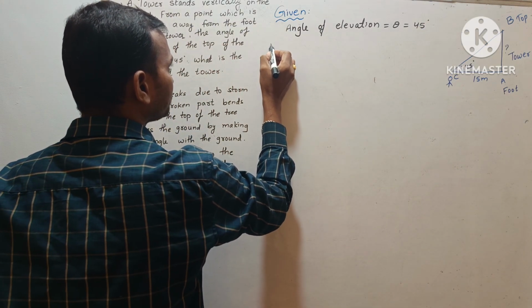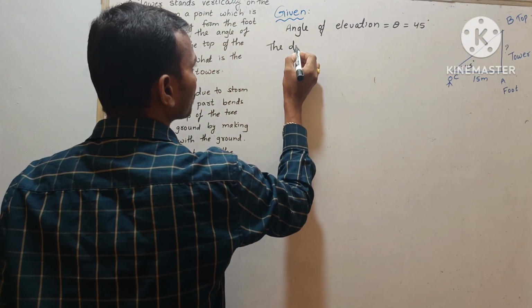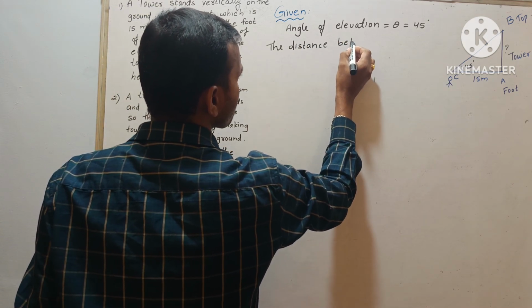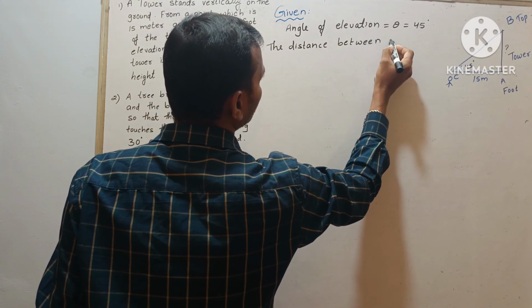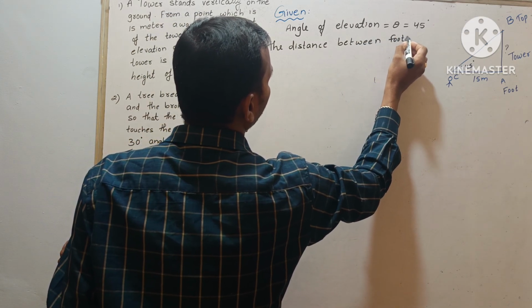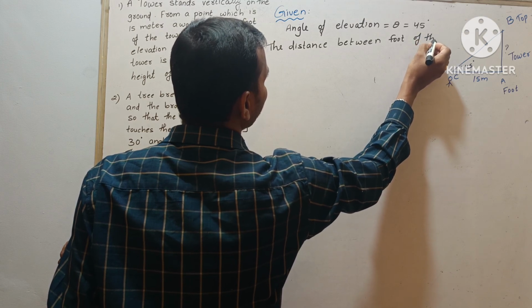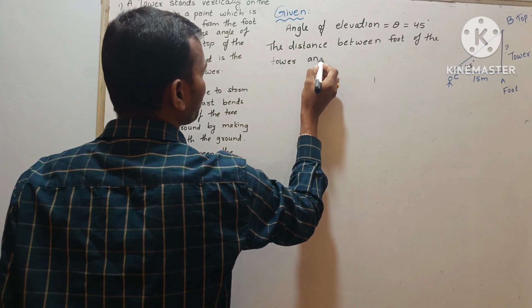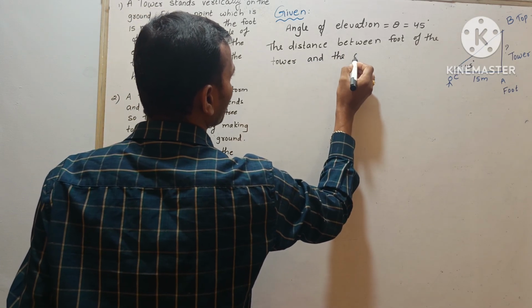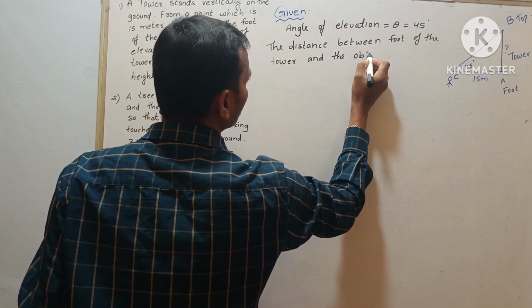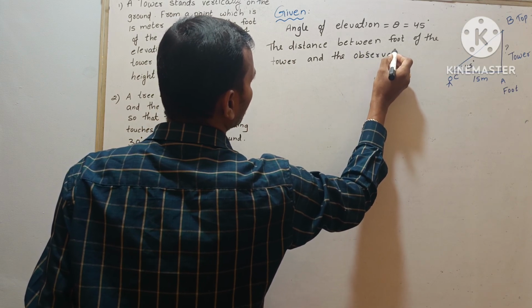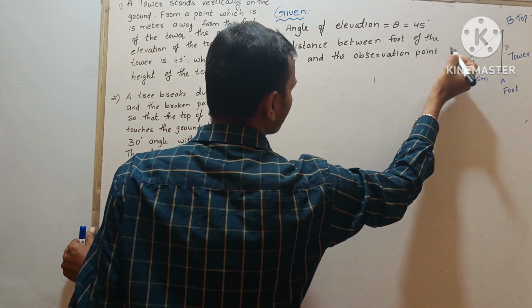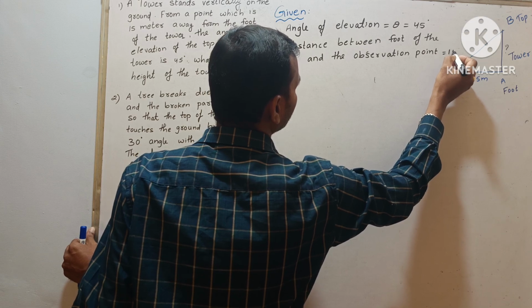The distance between the foot of the tower and the observation point is equal to 15 meters.